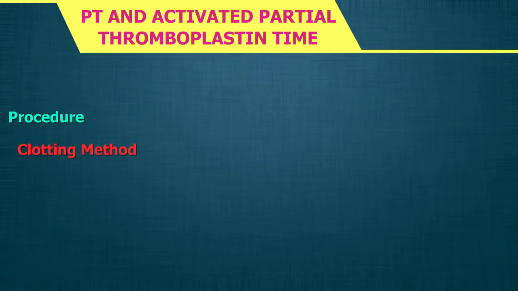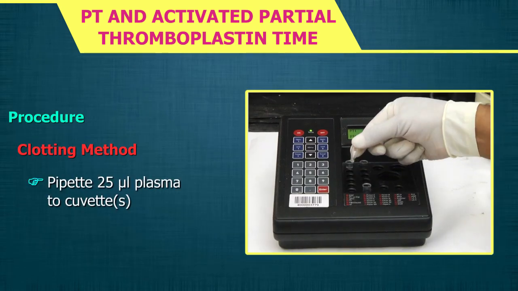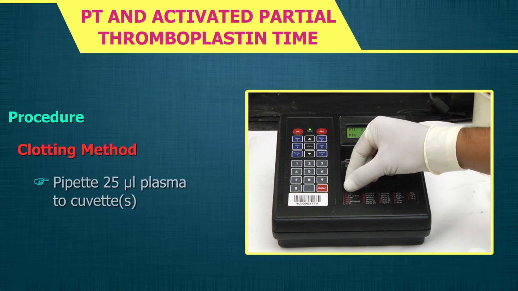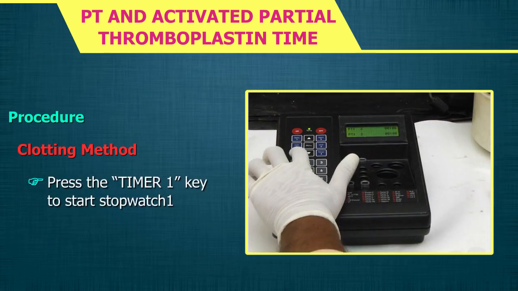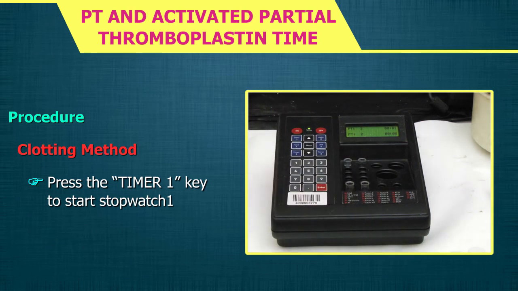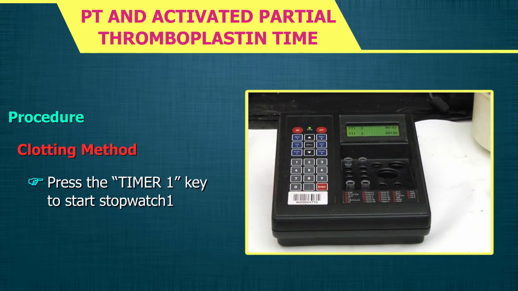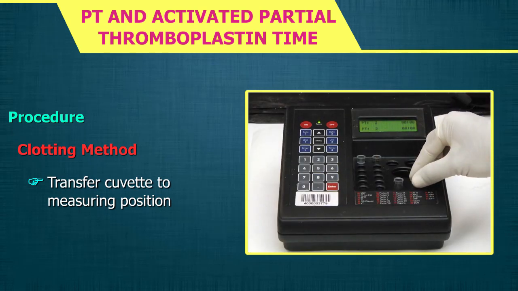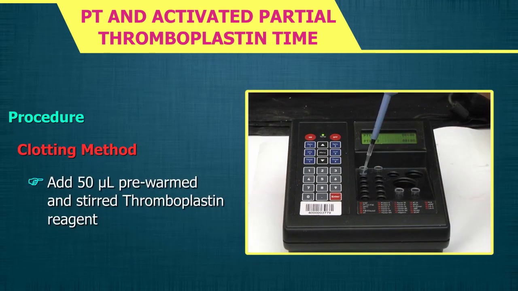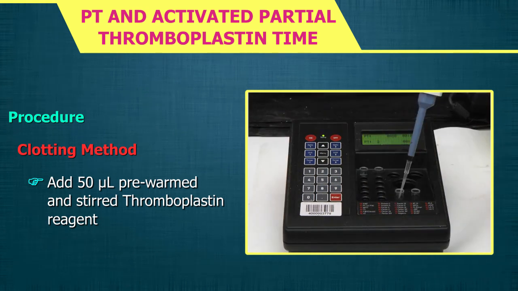If your machine does not have this feature, run the same sample twice. Clotting method. Pipette 25 microliters plasma to cuvette. Pre-warm the plasma for 60 seconds. Press the timer 1 key to start the stopwatch 1. Transfer the cuvette to measuring position. Add 50 microliters pre-warmed and stirred thromboplastin reagent.